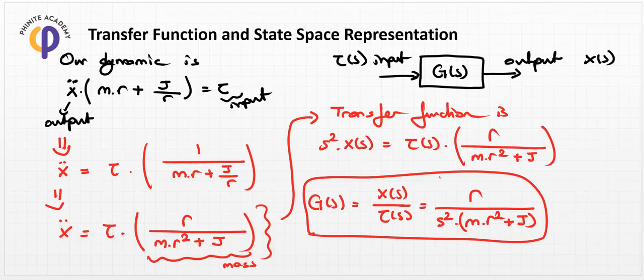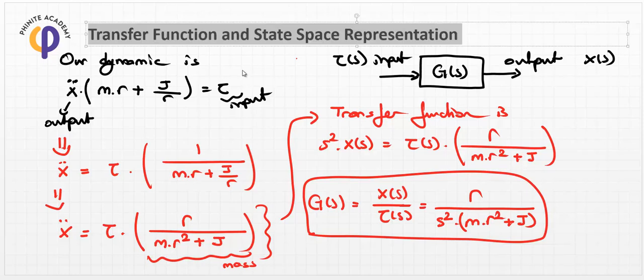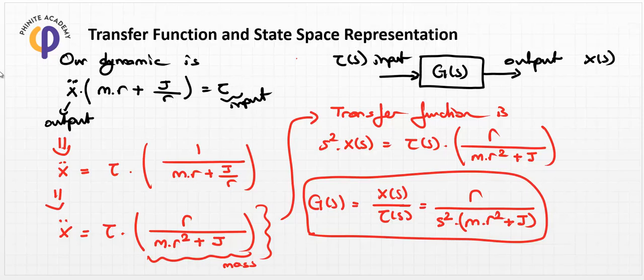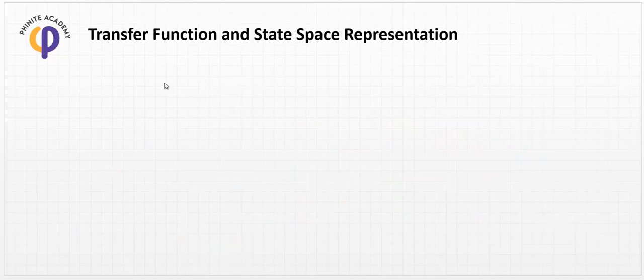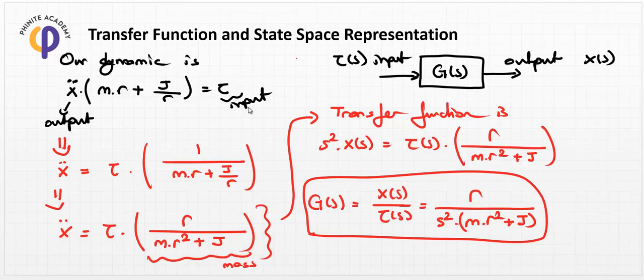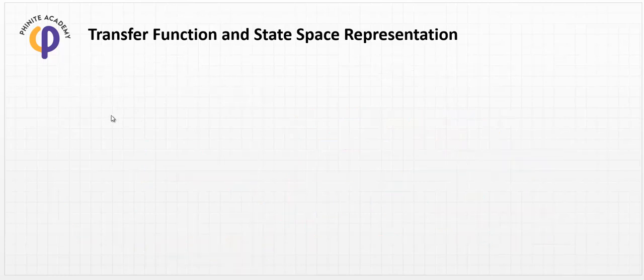So what about the state space representation of our system? The main formula was given by this dynamics, and we must write it down here, which is easy.